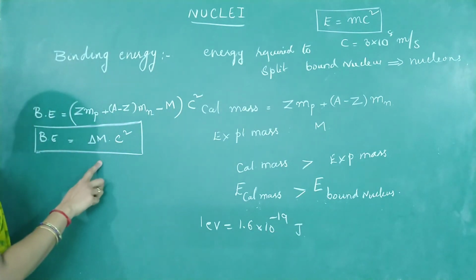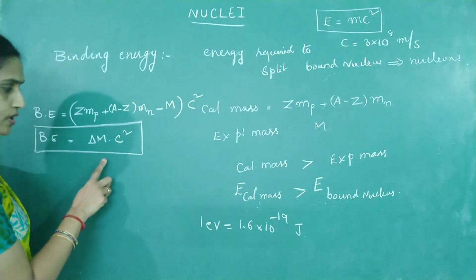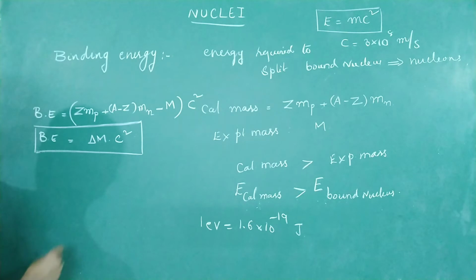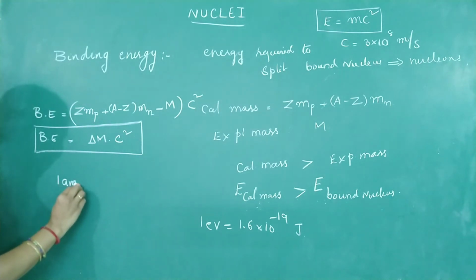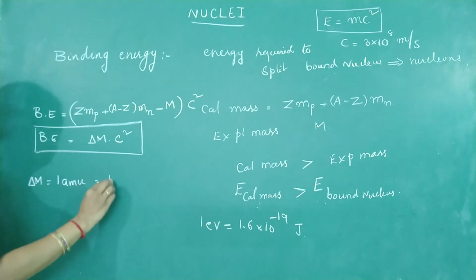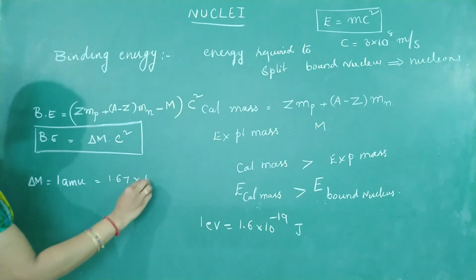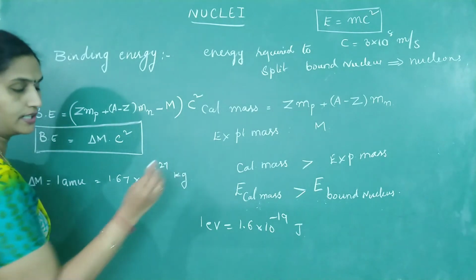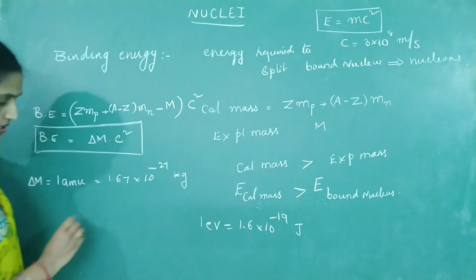So I am going to modify this formula for binding energy so that you get the answer in terms of mega electron volts. So let's see, 1 AMU. If I take delta M as 1 atomic mass unit, which is 1.67 into 10 to the power minus 27 kg, let us see what is the equivalent amount of energy.